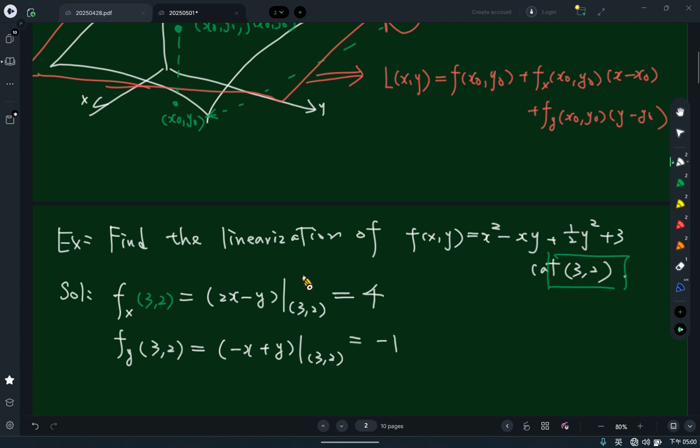Right? So now we already have the first partial derivative, partial f partial x, and we also have the second one. Then we just put them together.